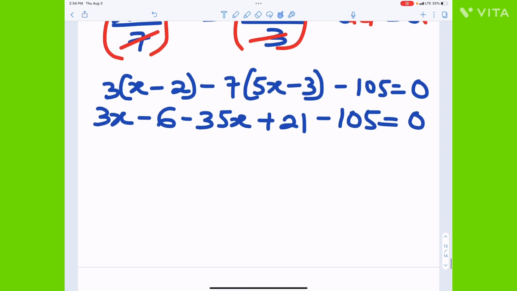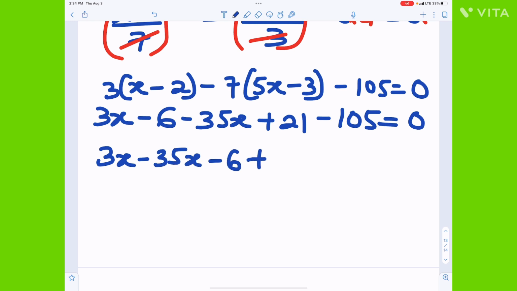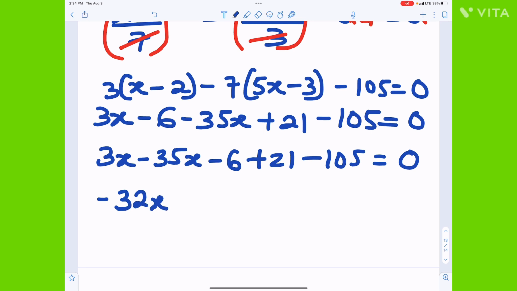Let's rearrange. 3x minus 35x minus 6 plus 21 minus 105 is 0. 3x minus 35x is minus 32x. 21 minus 6 is 15. 15 minus 105 is minus 90 is 0.